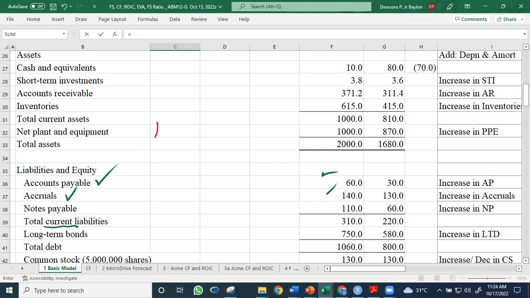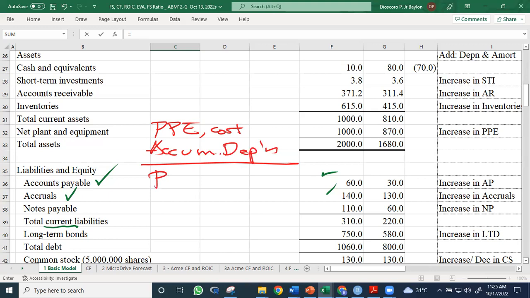So we have PPE, property, plant and equipment at cost. Sometimes it will be given this way, and then you have less your accumulated depreciation. If that's given, then you have here PPE net. Make sure that you get this.